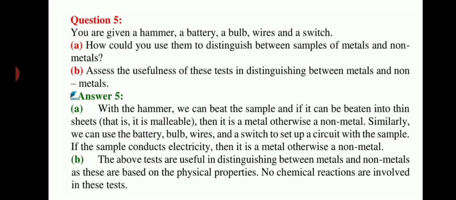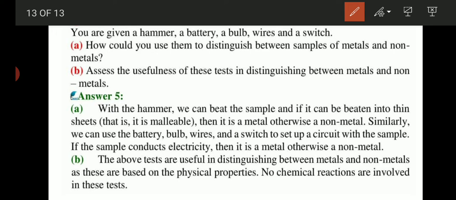Question number 5. You are given a hammer, battery, bulb, wires and a switch. How could you use them to distinguish between samples of metals and non-metals? Assess the usefulness of these tests in distinguishing between metals and non-metals. Okay, here using all these substances, you must check whether the substance is metal or non-metal. So hammer. Using this, how would you distinguish whether the substance is metal or non-metal?